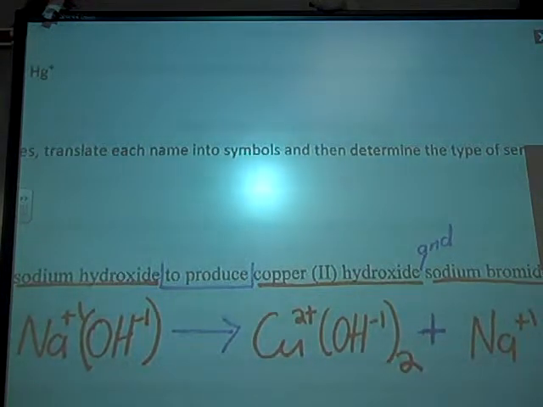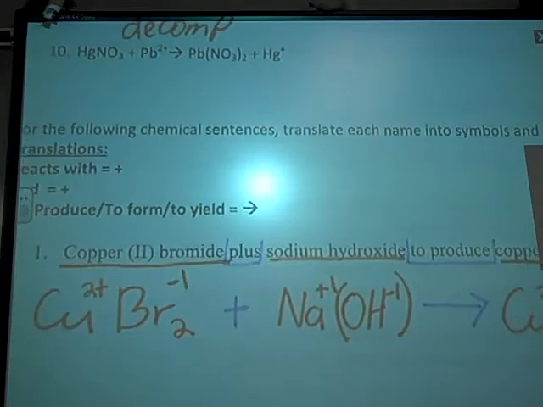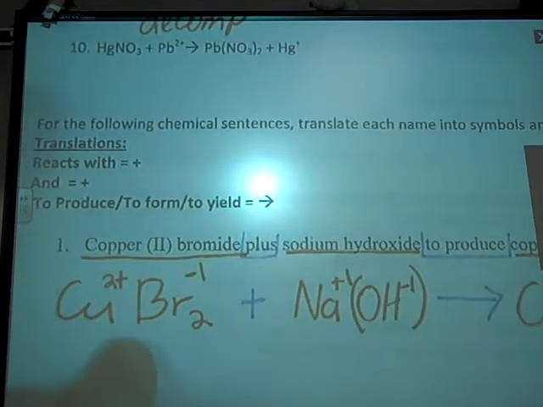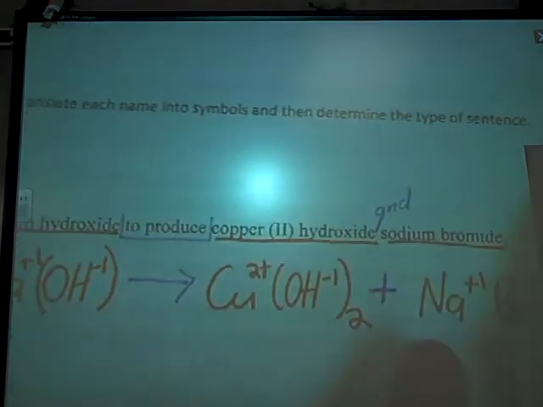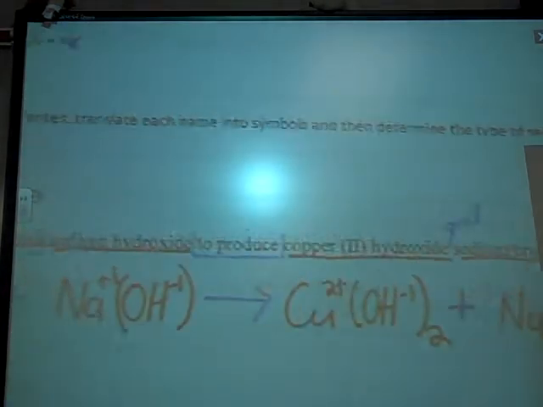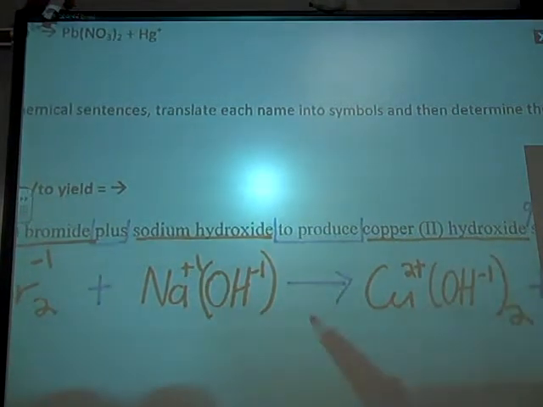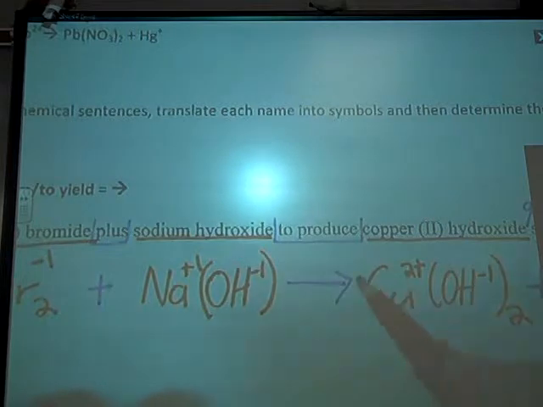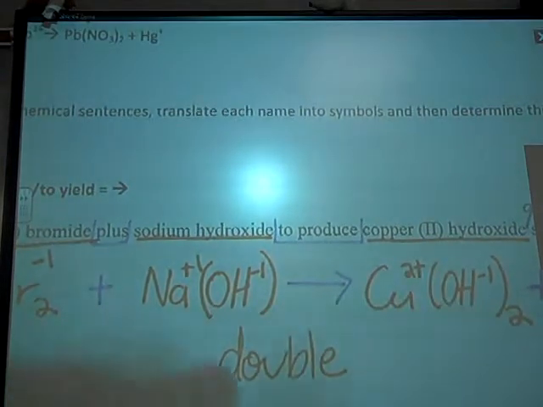Now that I have all my chemical symbols written, I can stop and think, what type of reaction is this of my 5? I have compound, compound, compound, compound. 4 compounds. And the only one of my 5 that had all 4 things as compounds was my double replacement.